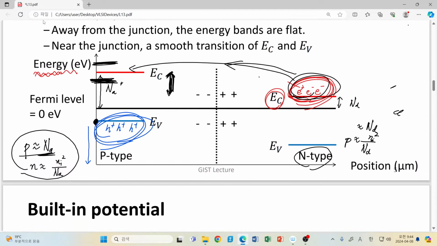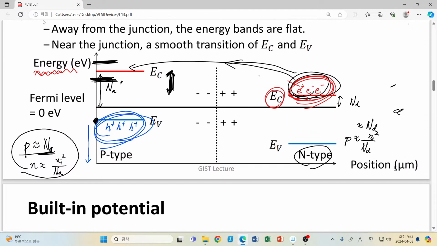So now you understand there exists a difference in their potential, and the potential, conduction band or valence band, can be easily converted into the intrinsic Fermi level, and the intrinsic Fermi level is directly related to what? To the electrostatic potential.